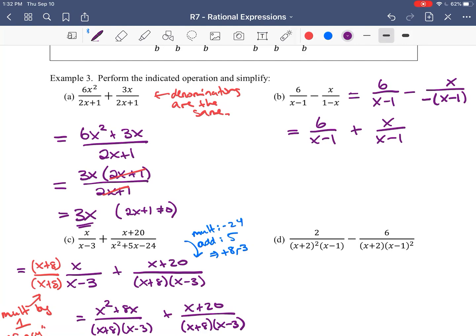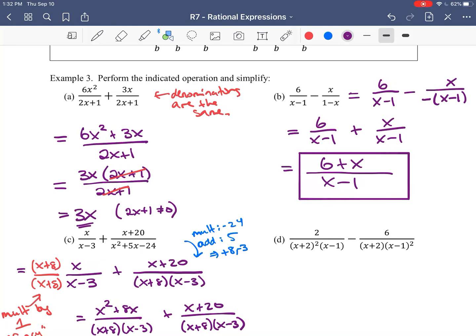Okay, so the negative here and the negative here combine to make a positive. Now I have a common denominator, so I can just add the tops. So this is going to be 6 plus x over x minus 1. And that's how, we can't simplify that anymore.